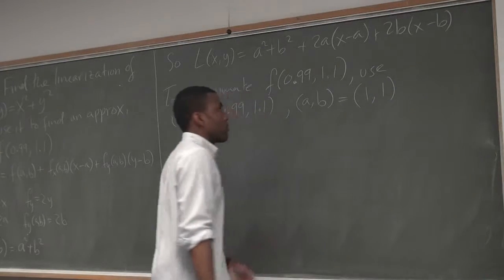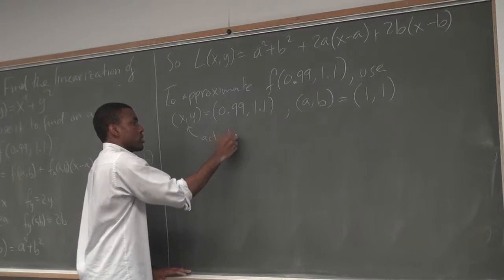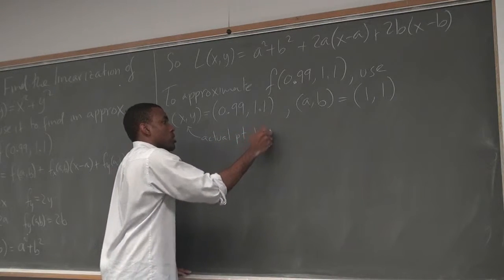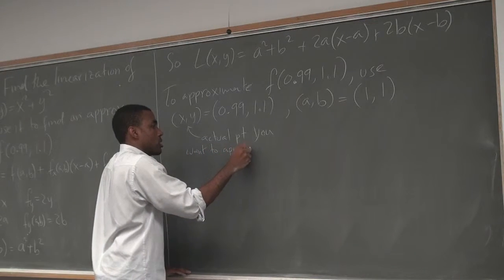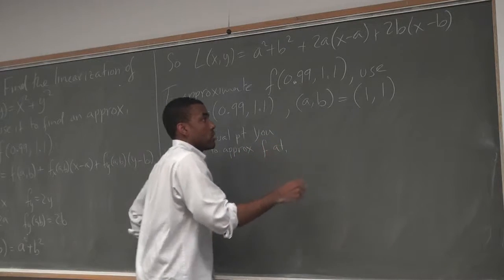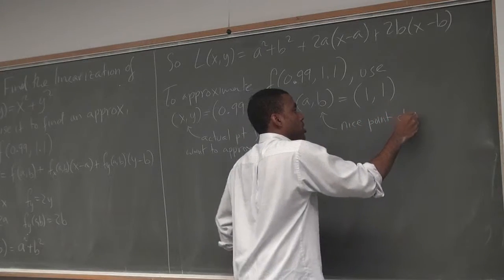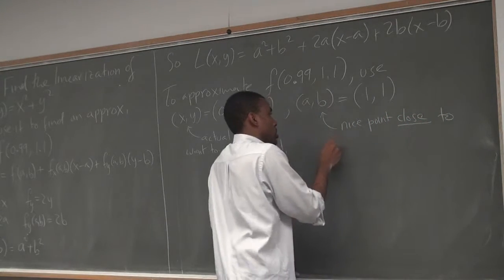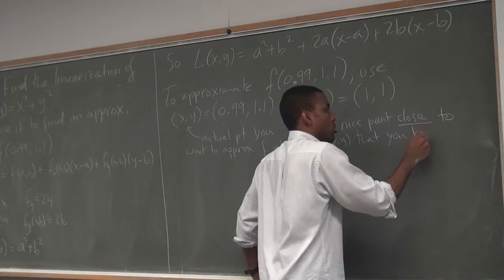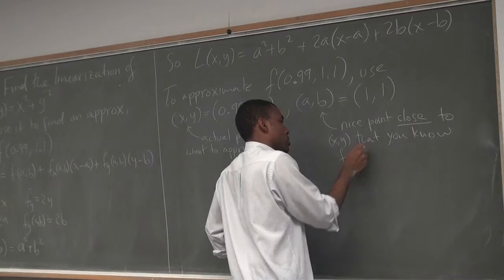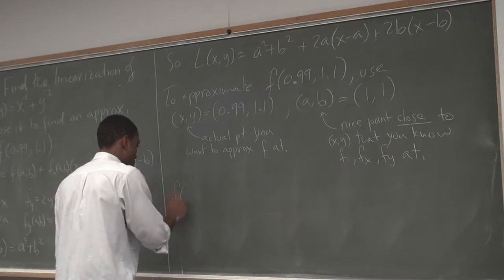So this would be (1, 1), right? So (x, y) are the actual points you want to approximate, and (a, b) is a nice point close to (x, y) at which you know f.